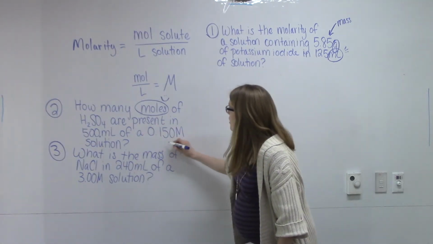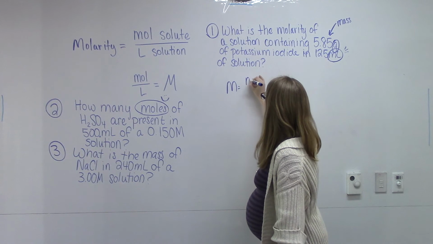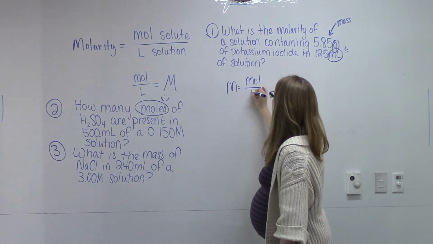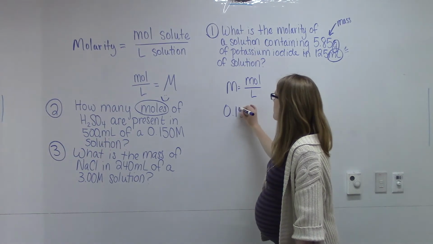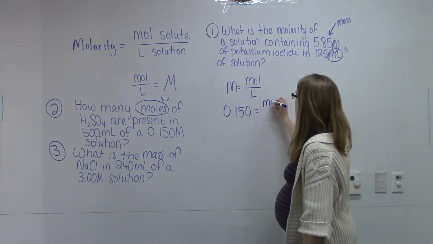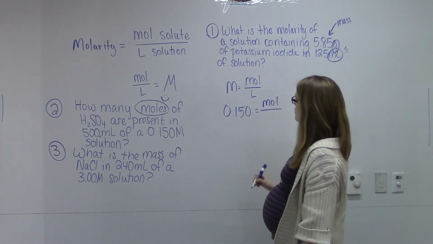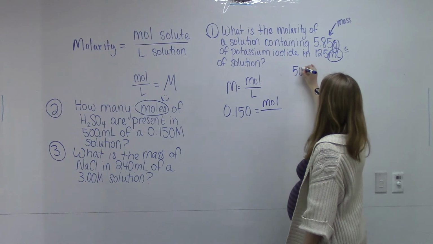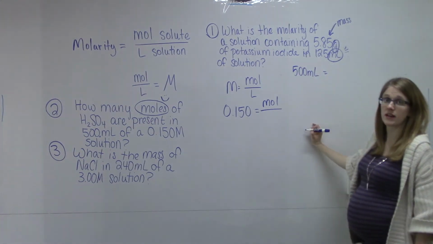Okay, so here is our molarity, and we're going to do molarity equals moles per liter. Molarity in this case is 0.150. We're trying to find the number of moles, and oh, we were given milliliters again. Remember, we have to be in liters.